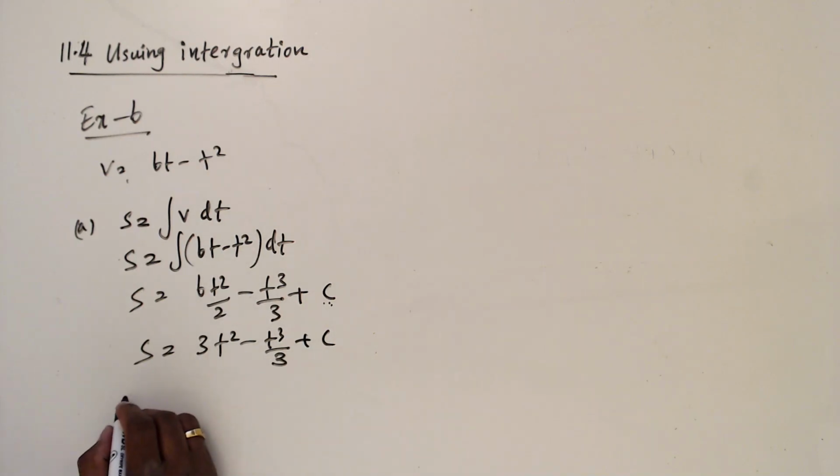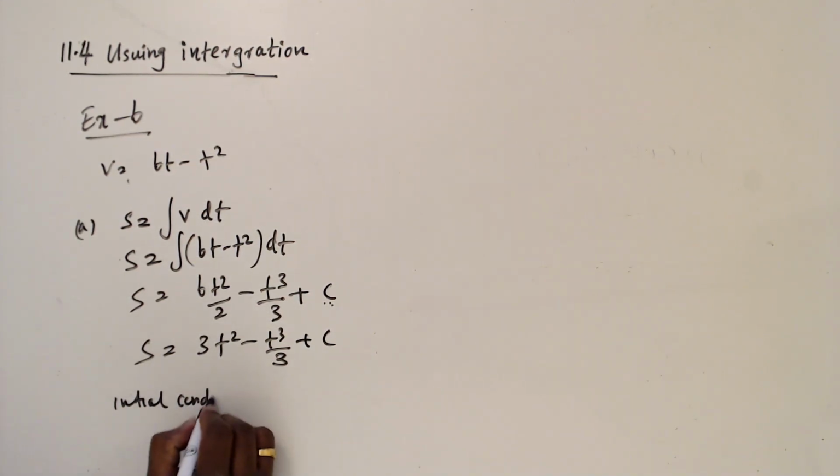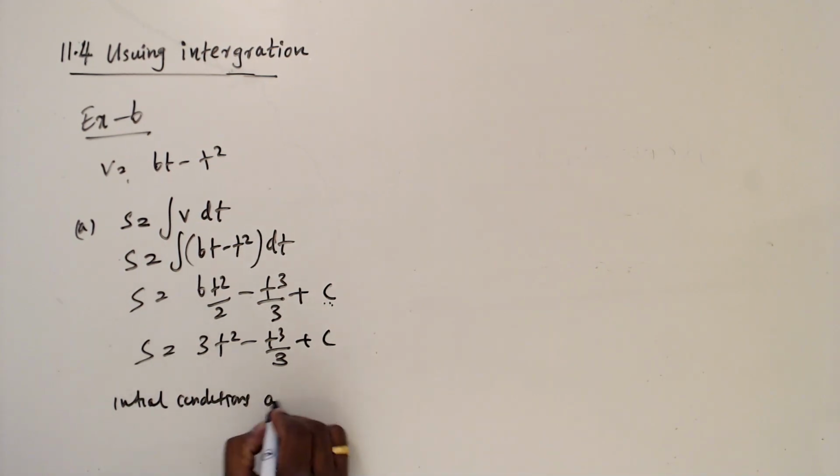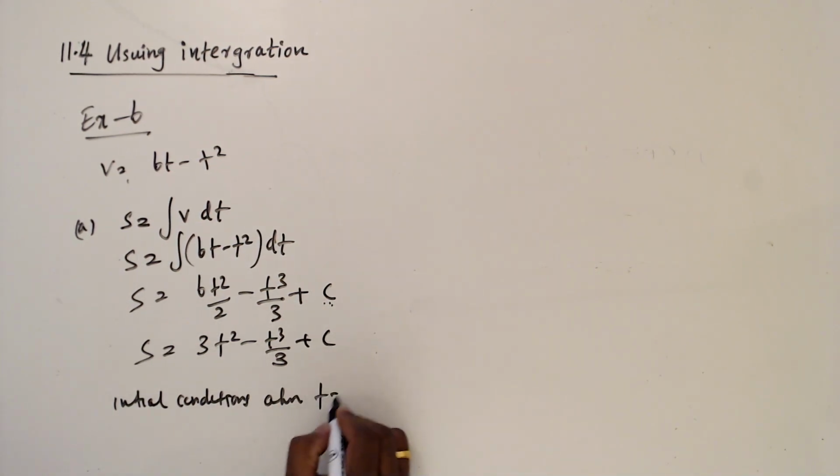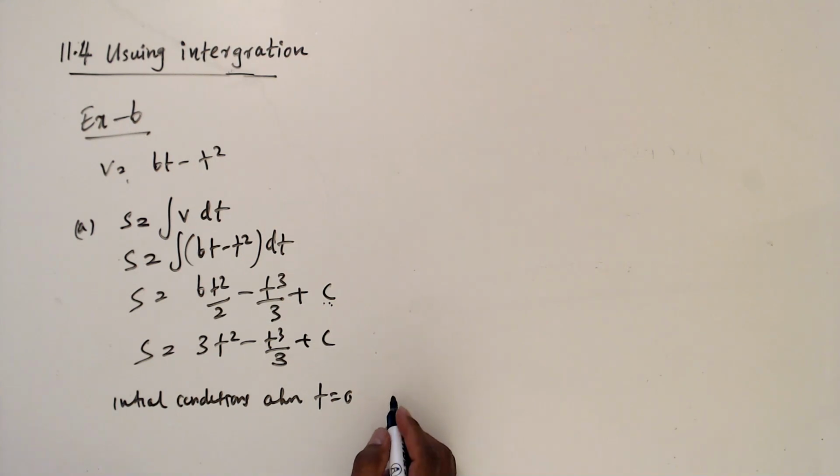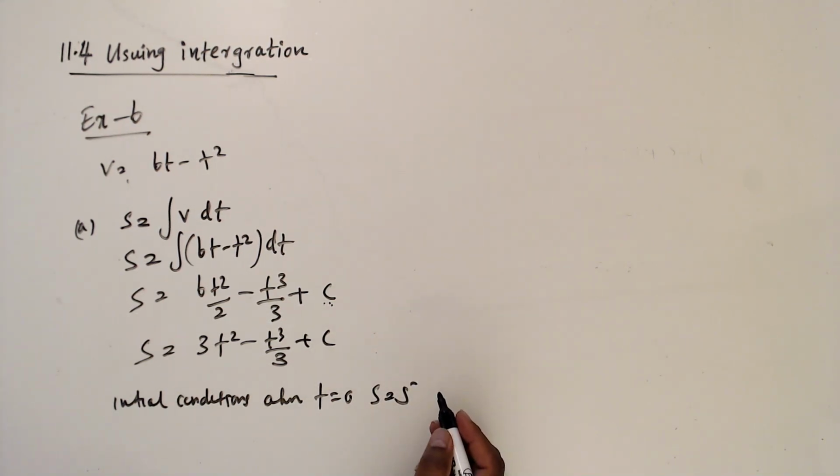Now the initial condition is given. When t equals 0, s equals 5. So when t equals 0, the s value is 5.